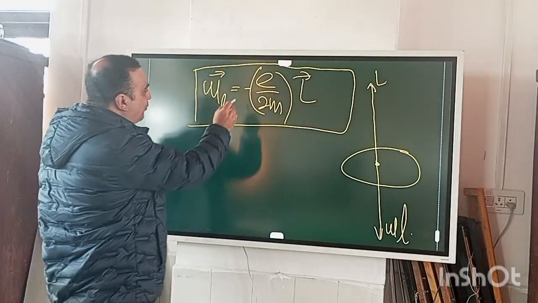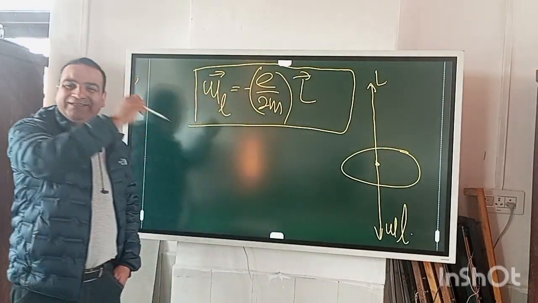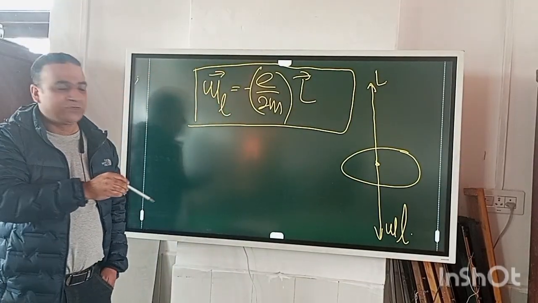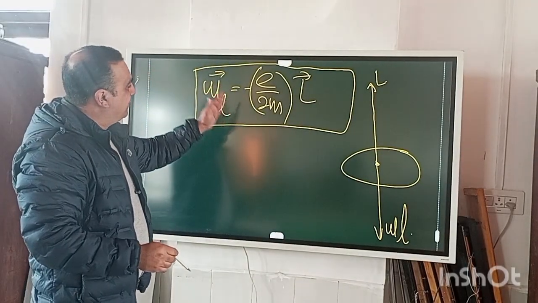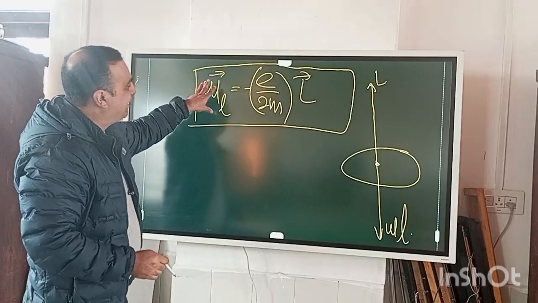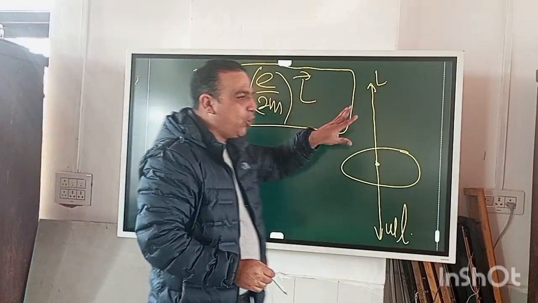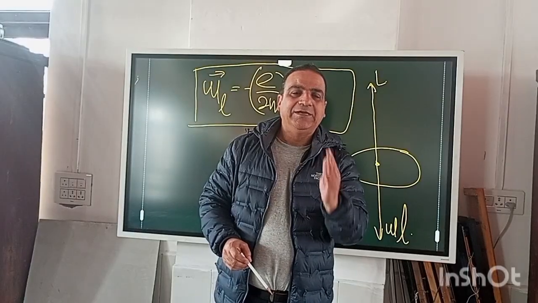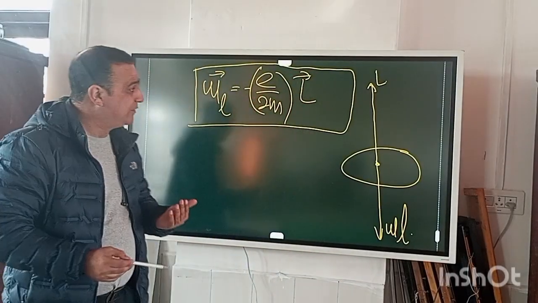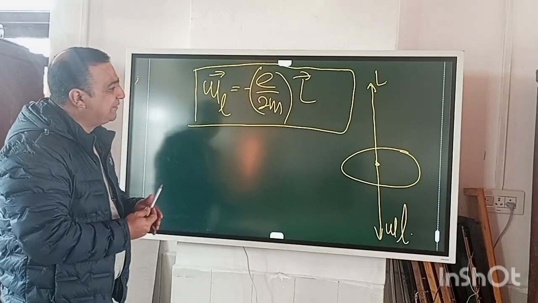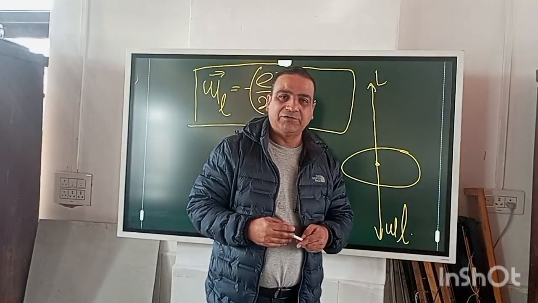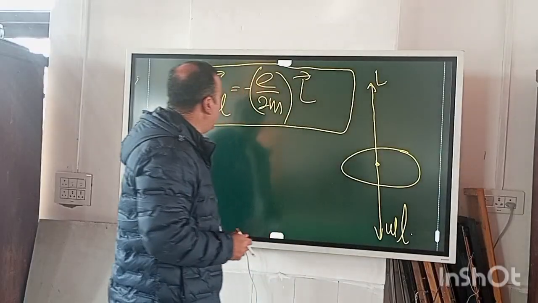That opposition is dictated by the negative sign that has been introduced in this equation. So the direction of the orbital magnetic moment of an electron is always opposite to the direction of orbital angular momentum, which is caused by the motion of the electron moving in a circular orbit.